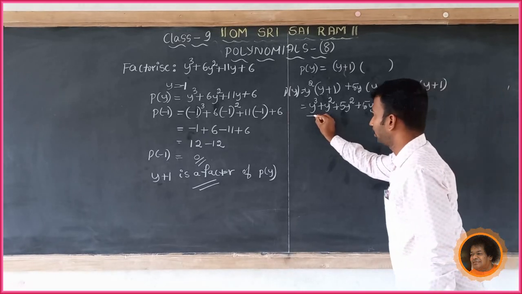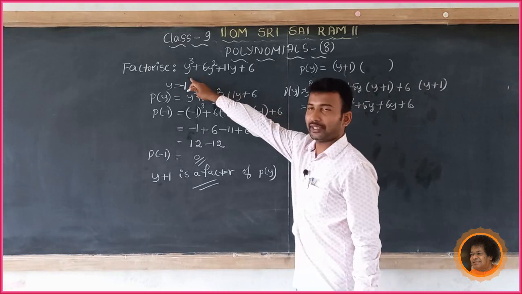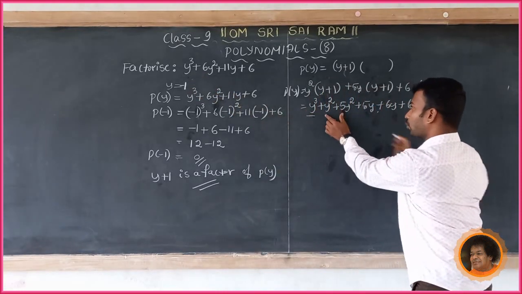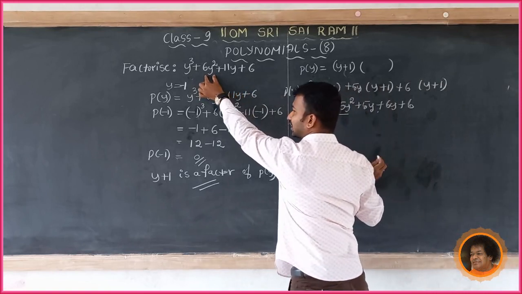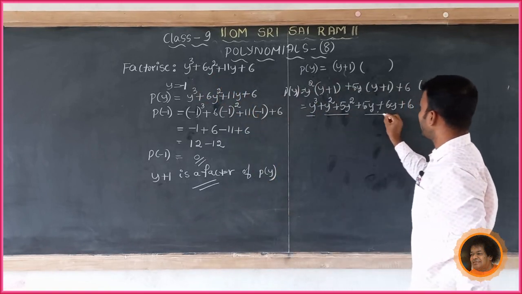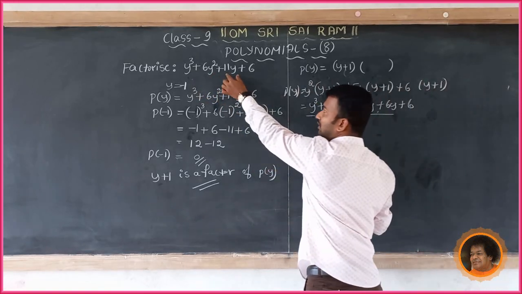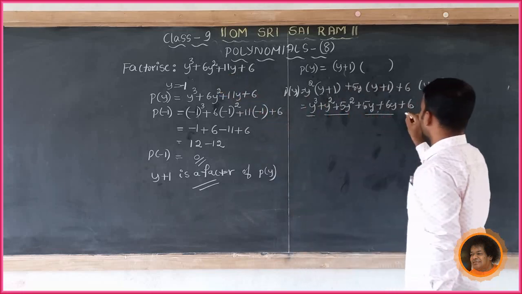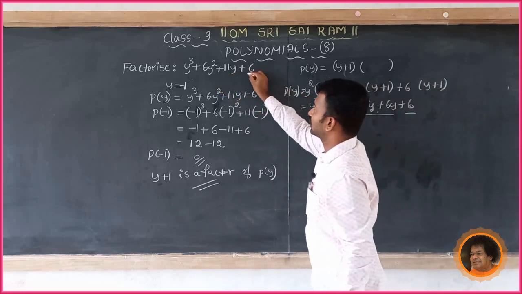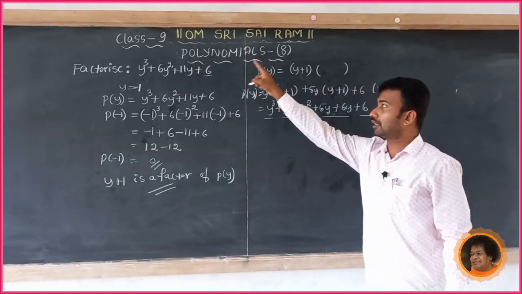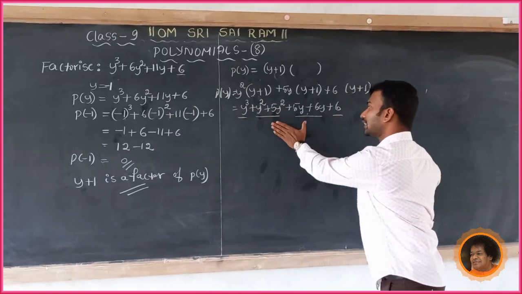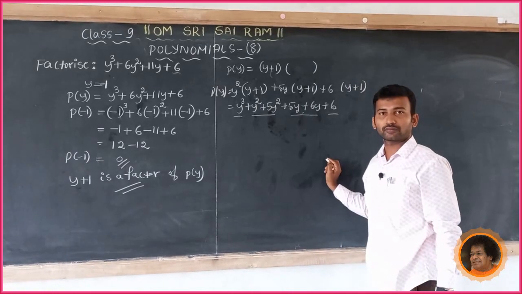Now see, y cube, y square plus 5y square, which gives 6y square, 5y plus 6y, which gives 11y. So the last 6, we have 6 here. So we can write p of y, the cubic polynomial, in this form also.